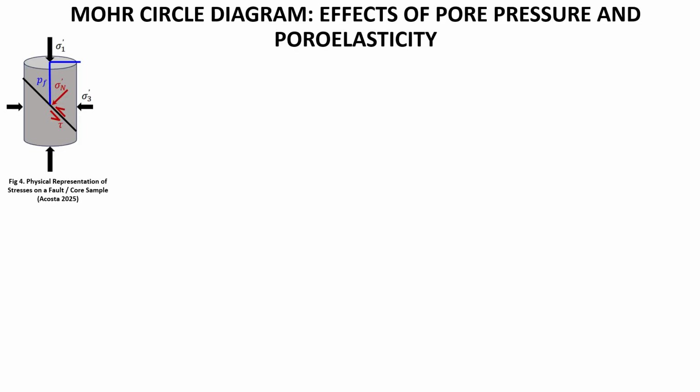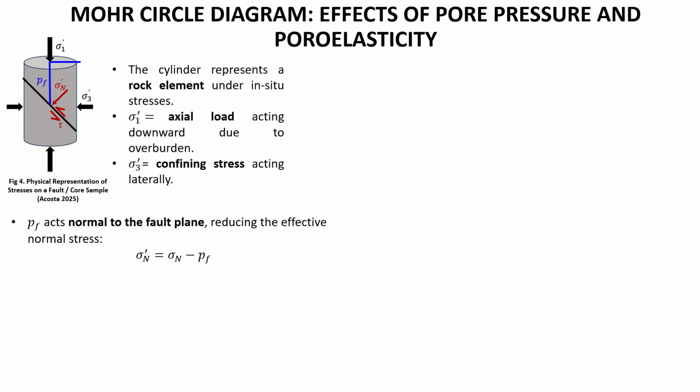So let's begin. We can see a cylinder which represents a rock element under in situ stresses, where sigma 1 is the axial or vertical load from the overburden and sigma 3 is the confining horizontal stress. A fault cuts through these elements at some angle, where the pore pressure, Pf, acts normal to the fault plane and reduces the effective normal stress, which is given by the equation you can see on the slide.